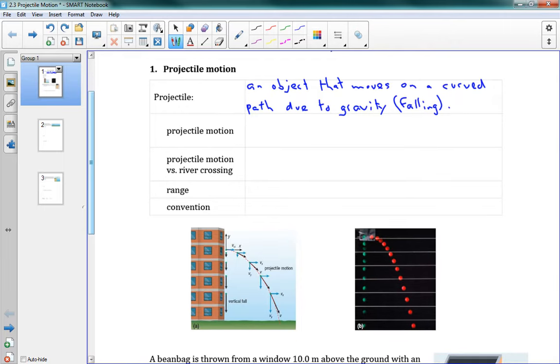So the interesting thing about projectile motion is that when we're doing these problems, the horizontal motion, so that's in the x dimension, and the vertical, which is in the y dimension, they're completely separate. Or we say they're independent.